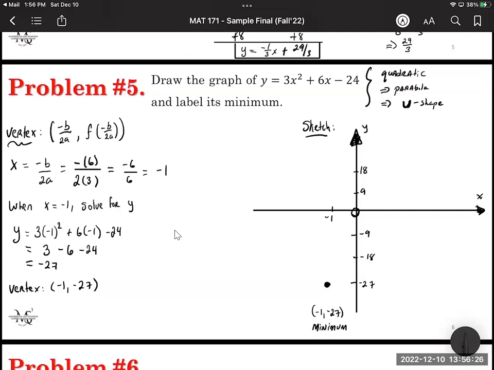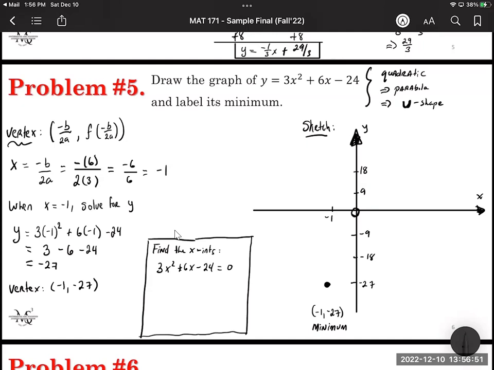So if you want to find the x-intercepts, you can set the equation equal to 0 and then solve for x. So in this box, I'm showing you how to find the x-intercepts. You take the equation 3x squared plus 6x minus 24, set it equal to 0, and you solve for x.